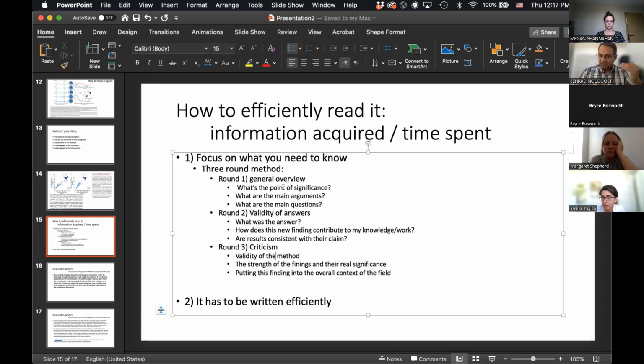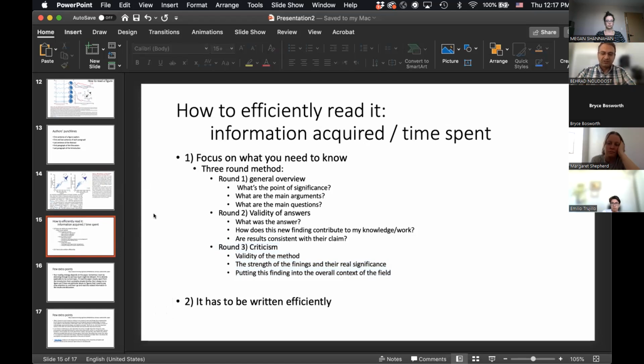As you can see, this is faster, and this becomes more and more time consuming as you go into all the details. When you're approached by a journal to review a paper, you can do this in about 15 minutes, but in order to be able to criticize the paper, you have to read it to a much more detailed depth and be able to criticize different parts of the paper.